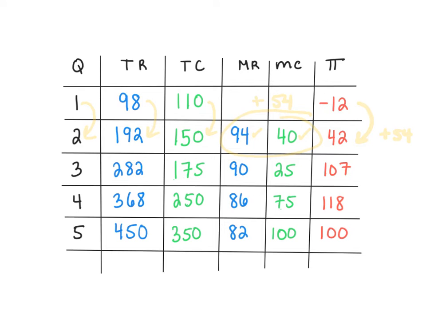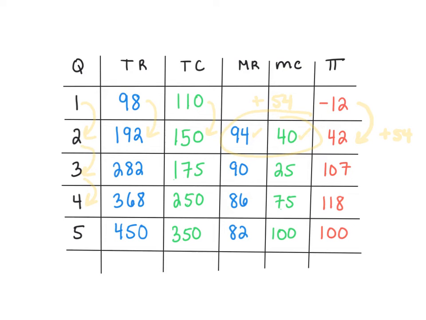Whenever the firm's marginal revenue is more than marginal cost, the firm should produce that additional unit because in doing so, it's going to generate additional profit, which means total profit's going up. We can see that as the firm produces the third and fourth units as well.